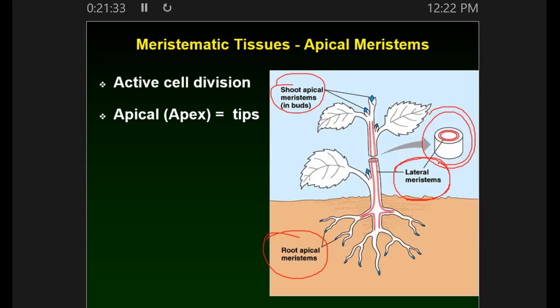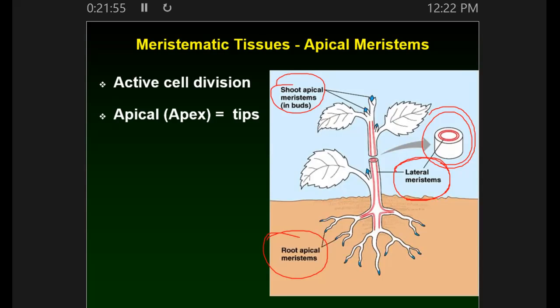So we need that to happen in certain plants. If you think about the giant sequoias or the giant redwoods, if they're going to get a stem diameter that is so impressively huge, they need lateral meristems to do that. And so we'll talk about lateral meristems when we think about especially stems of big trees.